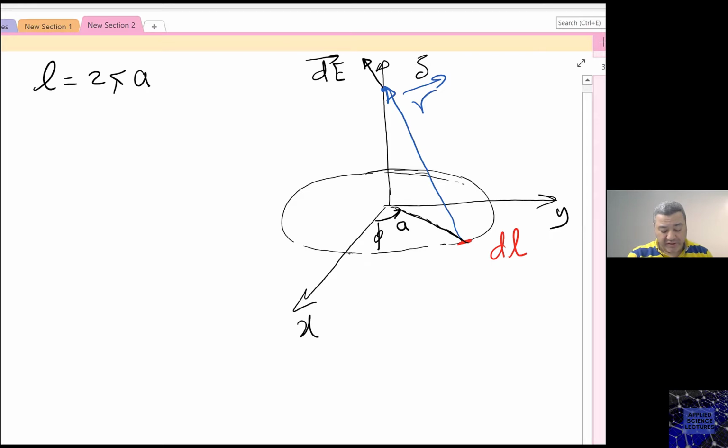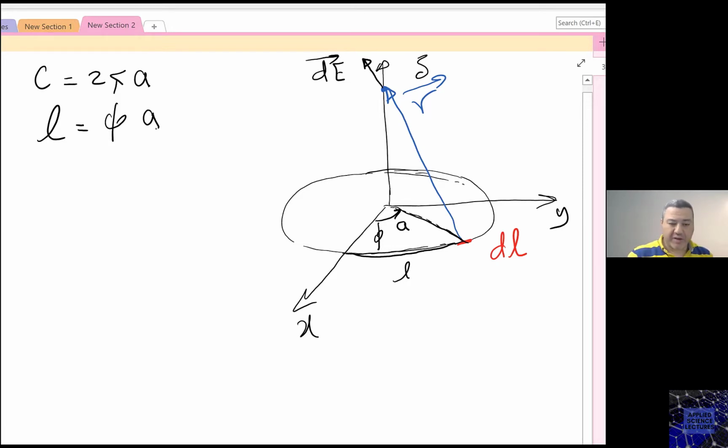Let's assume that my portion of the circumference is this L, and this is the C for the circle. Now for this L, it becomes not the 2 pi, but the portion of it, which is basically the phi I have here times a.